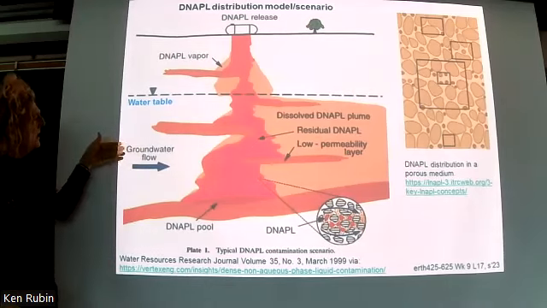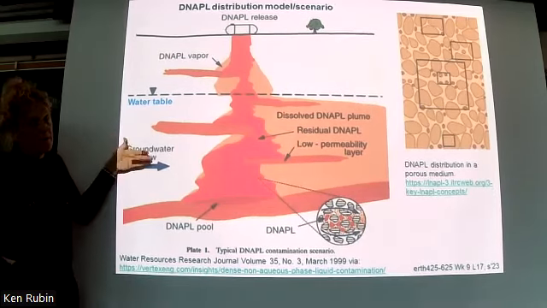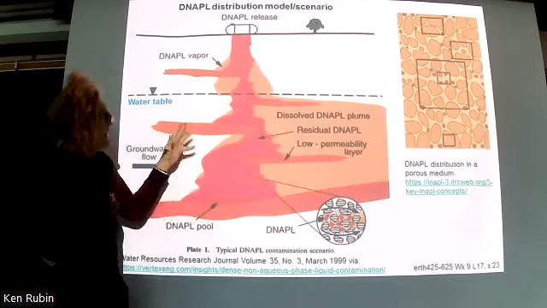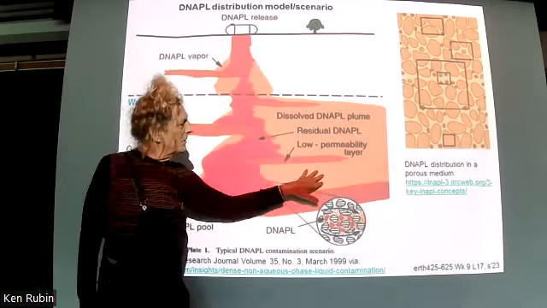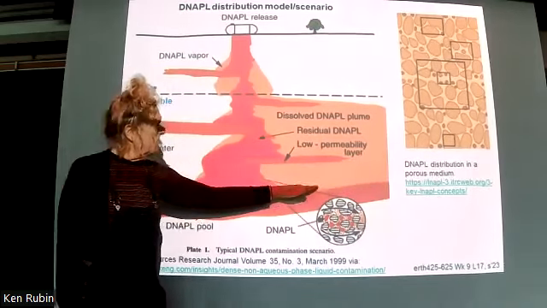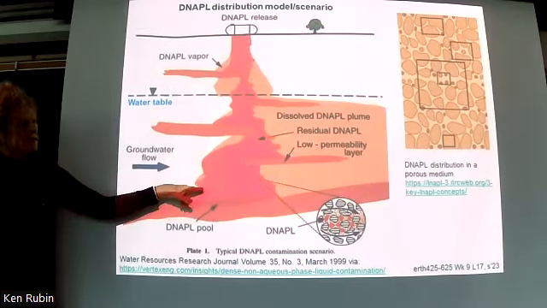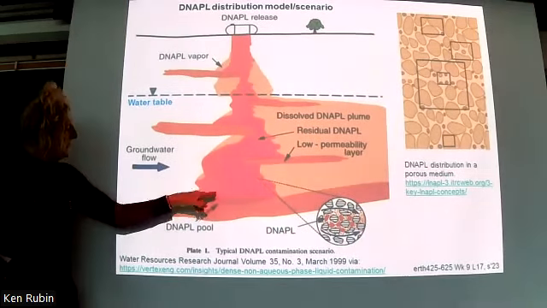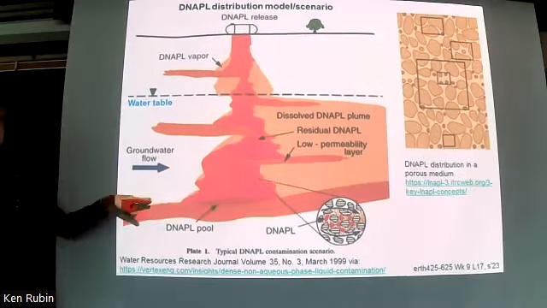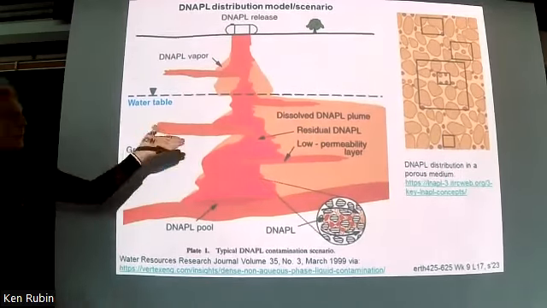And the one thing to notice is while the groundwater flow is going this way, and the amount of material that is slowly dissolving is also going with the water flow, since the base of the aquifer is flowing this way, and this DNAPL is flowing on the basis of density, the DNAPL that isn't dissolved in water can flow in the opposite direction of the water flow.